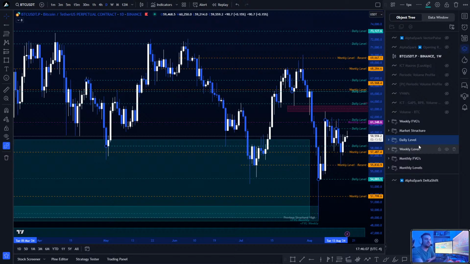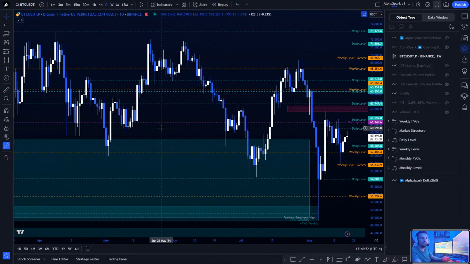Because something as simple as, for example, if we take a low, have a considerable reaction like a 15-minute or 1-hour change of structure, and I have a daily level above, and that daily level, for example, is at the 50% of an FVG, I know that's either a good take profit if I'm long targeting that, or I know that reaching that 50% FVG, reaching the daily level, if I see some kind of reversal signal, it's a good probability trade to take, right?